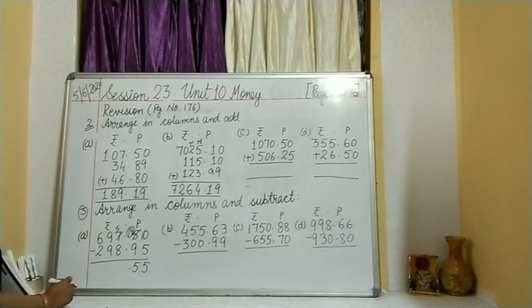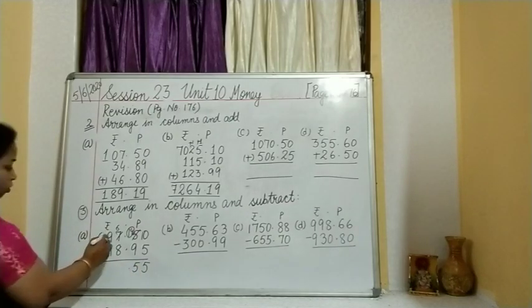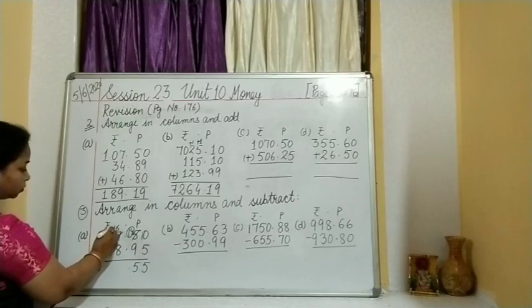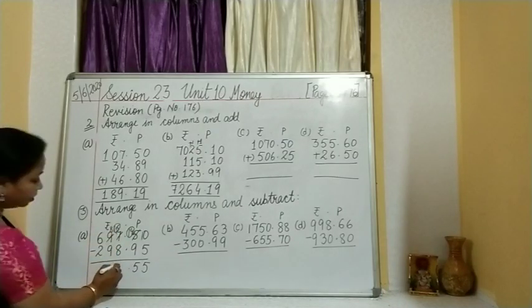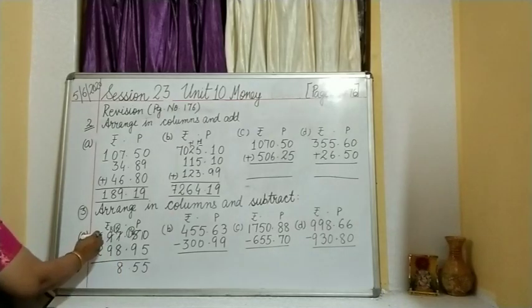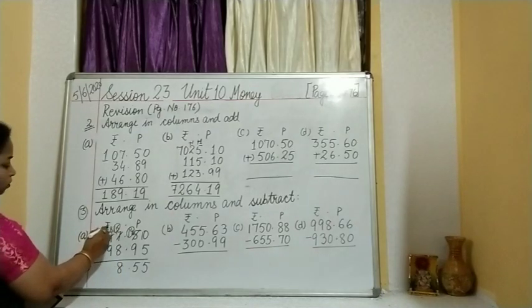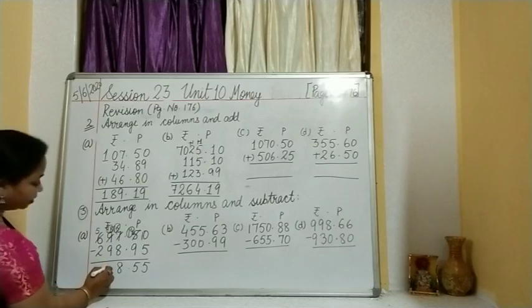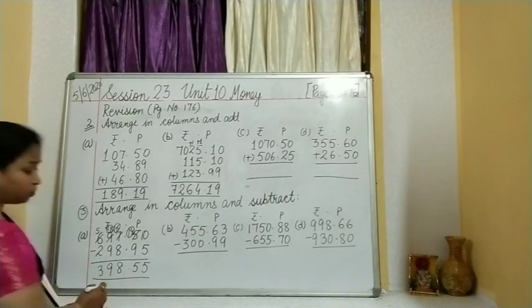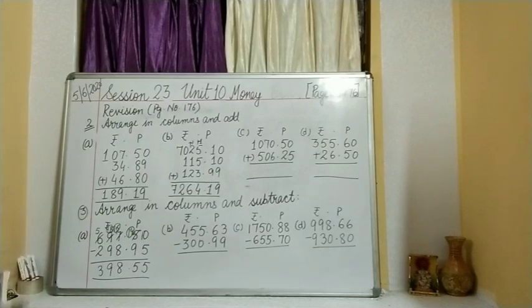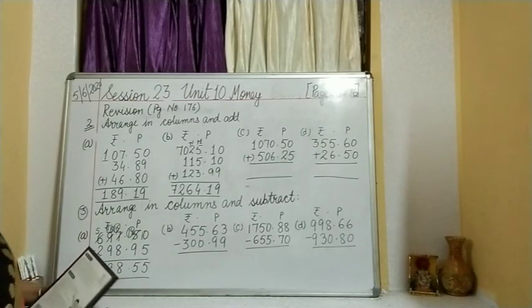We have 6 over here. Can we subtract 8? No, we need to borrow. So this is 16. Now 16 minus 8 will be what? 8. Again we need to borrow. So this becomes 18. 18 minus 9 is 9. 5 minus 2 is 3. So you have an answer of 398 rupees and 55 paise.